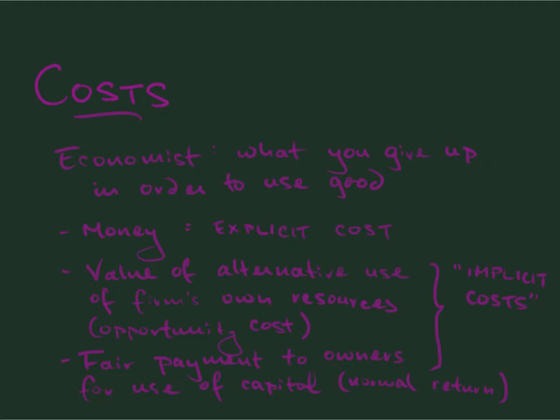There's a difference between what an economist calls profit and what an accountant calls profit. In both cases, it's the difference between revenue and cost. But an economist believes that a cost of using the owner's capital is that the firm must provide a certain amount of profit to the owner. And that amount of profit is called a normal return.